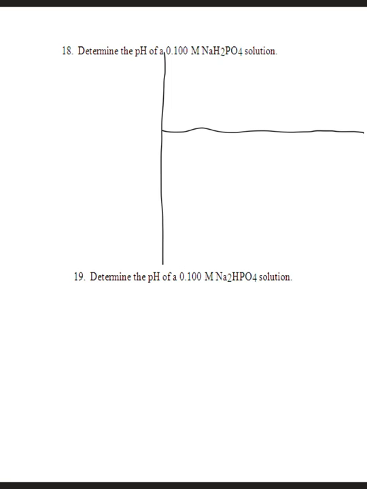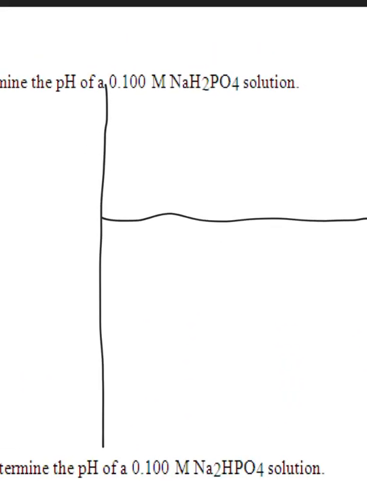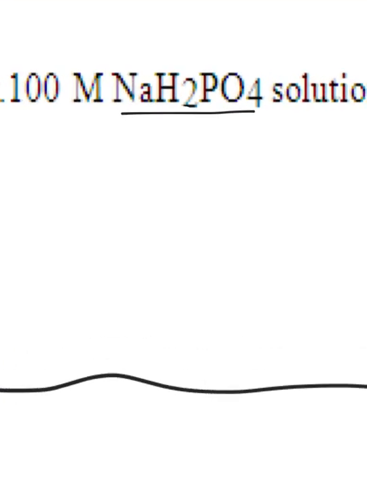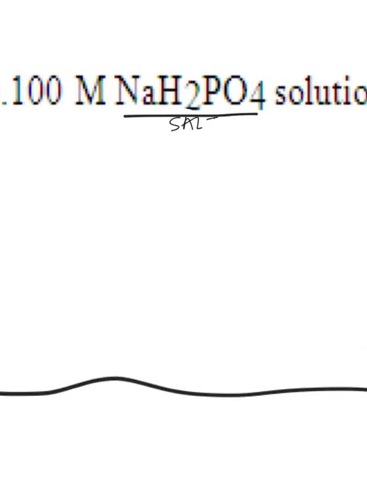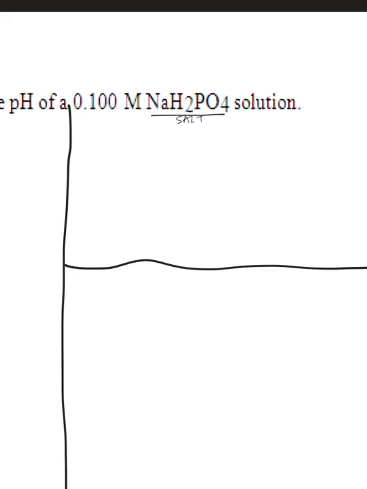Okay, so on the right side is where I'm going to work first. What we have to figure out is they've given us a 0.1 sodium something solution. This is a salt, so we have to figure out who the parents are, and then we have to figure out how this is going to behave, because remember, this is a child of a polyprotic acid, so is it going to act as a base or an acid?